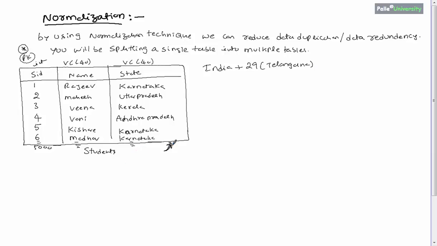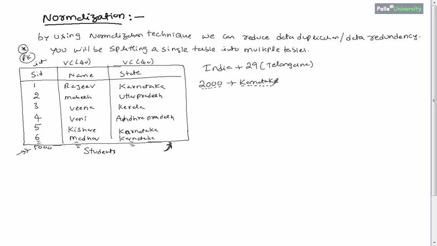Okay, let us assume a total of 2000 students joined this university who are from Karnataka. You tell me how much memory is required for storing Karnataka. Assume a total of 5000 students are enrolled in this university. Out of these 5000 students, 2000 are from Karnataka. Obviously you count the total number of letters: 1, 2, 3, 4, 5, 6, 7, 8, 9.